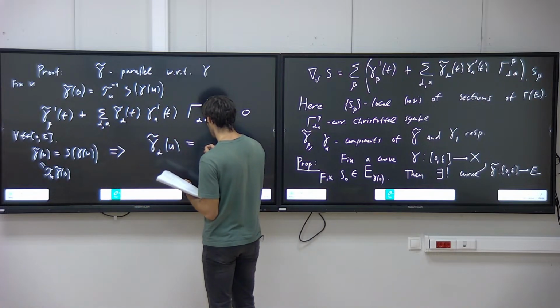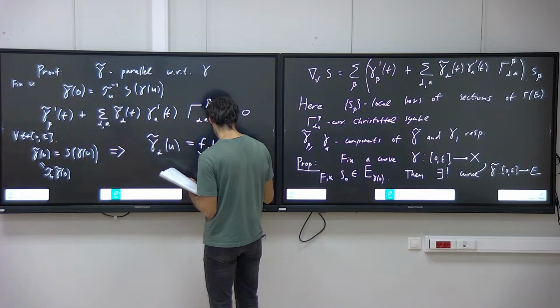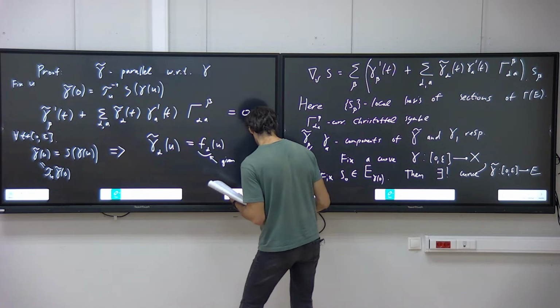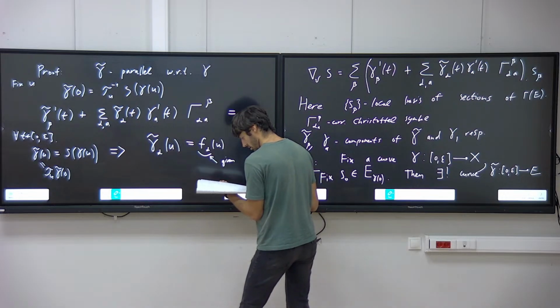I will denote it as f alpha of u, where f alpha is a given function defined by s and gamma.